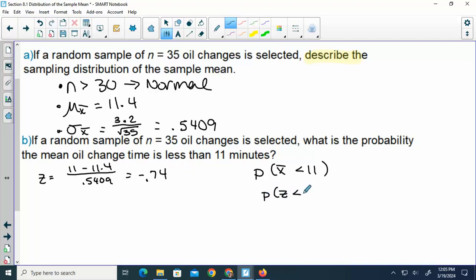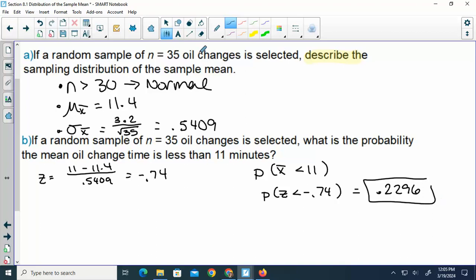Probability z is less than negative 0.74. And that is 0.2296. So is this good advertising on their part? I mean, it sounds good if you can get your oil changed in 10 minutes, but it's actually less than a 4th chance that it takes under 11 minutes. So they're really not under 10 minutes.